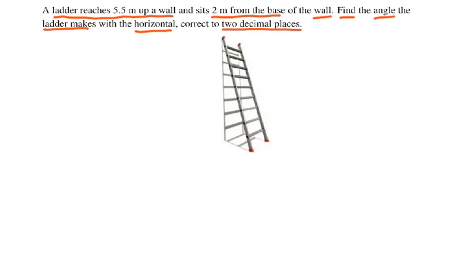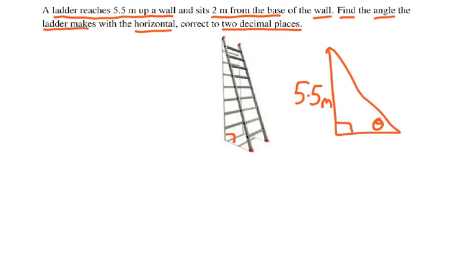As you can see, what we're actually creating is that right angle triangle that we need. And that's where our right angle sits there. And they're asking us to find the angle that the ladder makes with the horizontal, which is the ground. They told us the ladder reaches 5.5 metres up the wall.